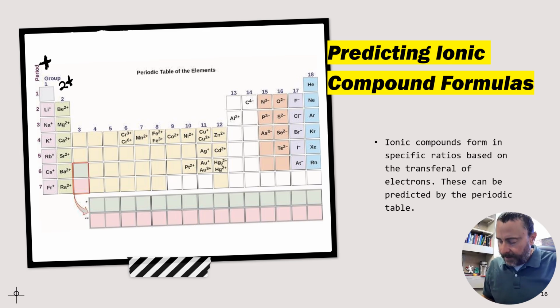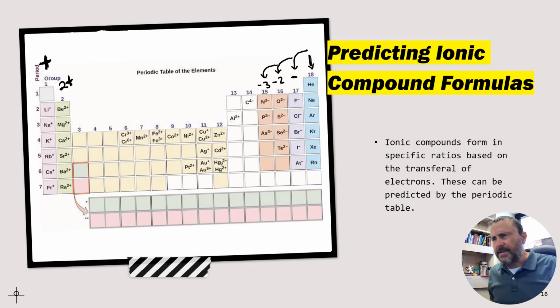If we go away from the noble gases in group 18, those next to them like to become -1. If I move over another one, they like to become -2. And then they like to become -3.